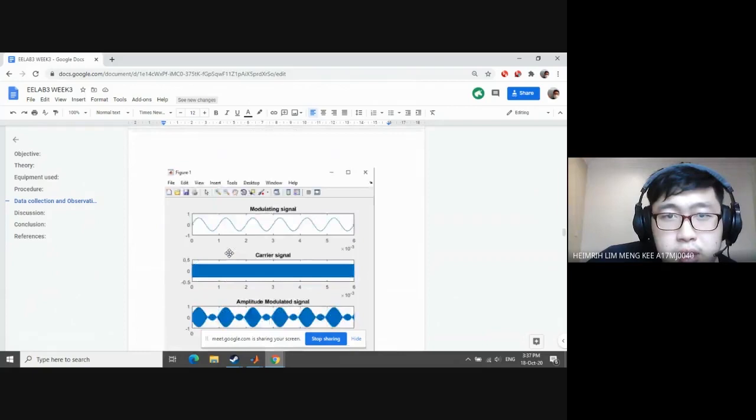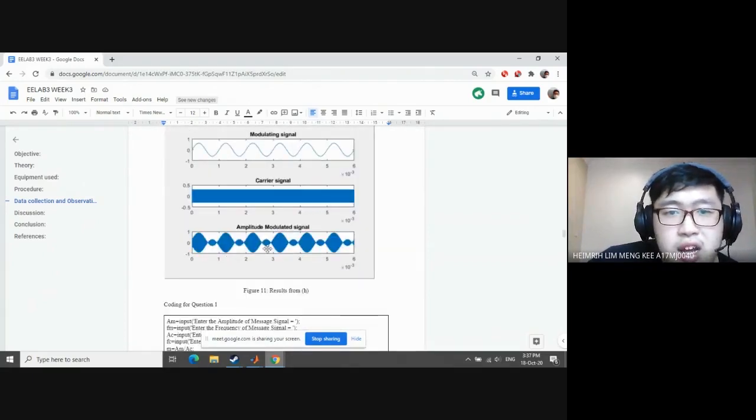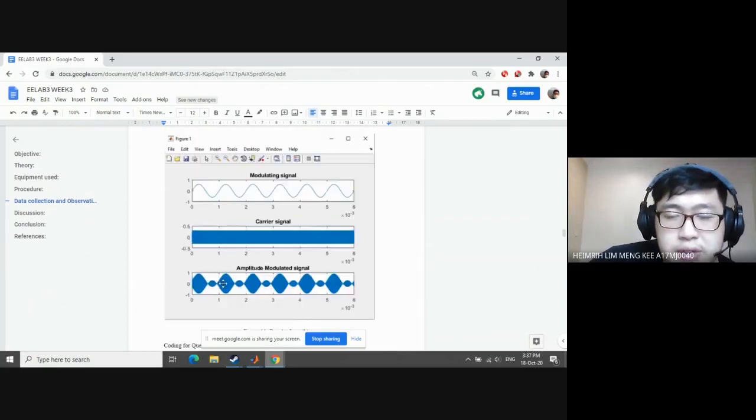As you can see here, there is not much difference. This is because the carrier signal frequency is already very high. The only difference we can see is if we compare a much lower frequency carrier signal versus a very high carrier signal, then we can see the difference in the density of the modulated signal.